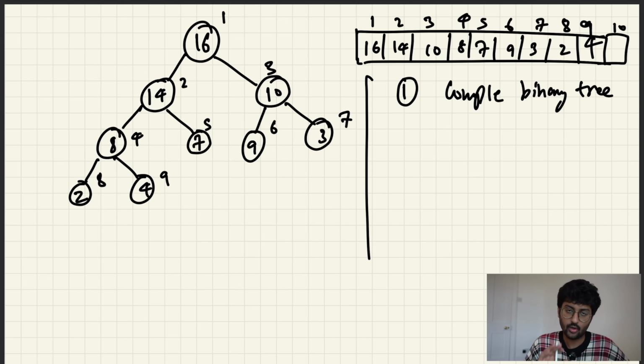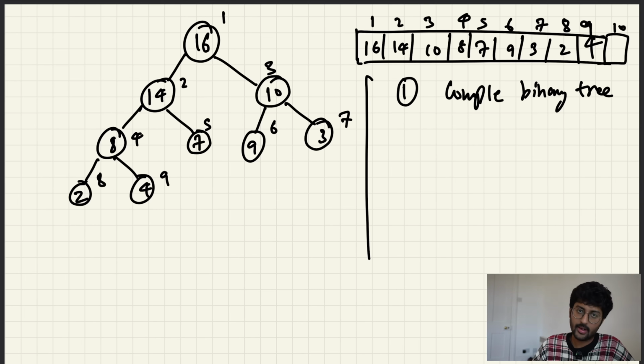Do you know what a complete binary tree is? In a complete binary tree every level is full except for the last level, which is the leaf level, and the leaves fill from left to right. So I have 2 here, 4 here, the next item will go here, then here, then here. Okay, not a problem, not an issue.